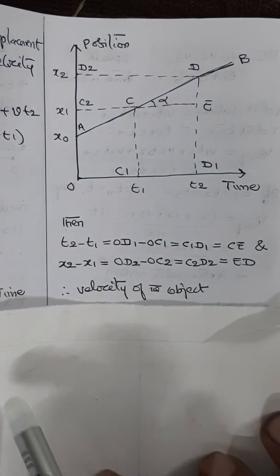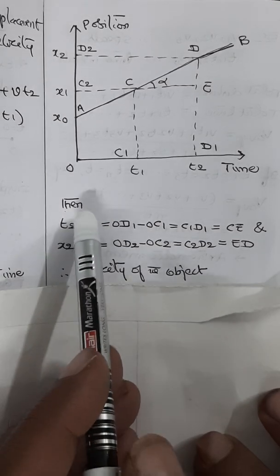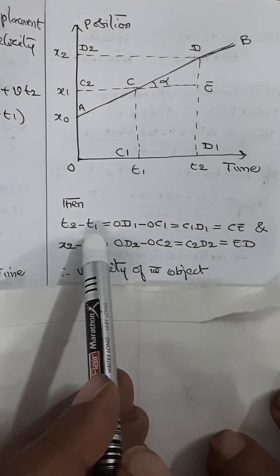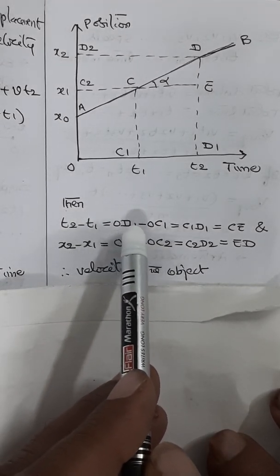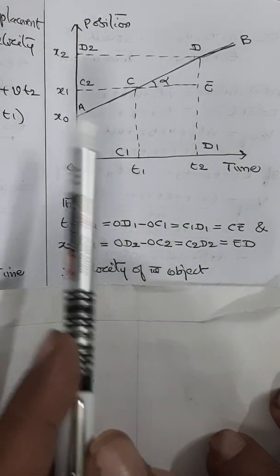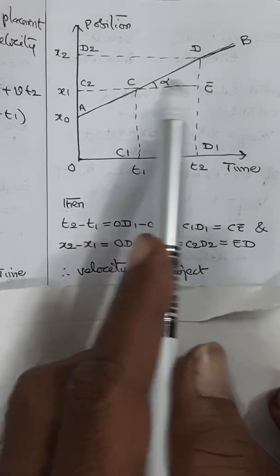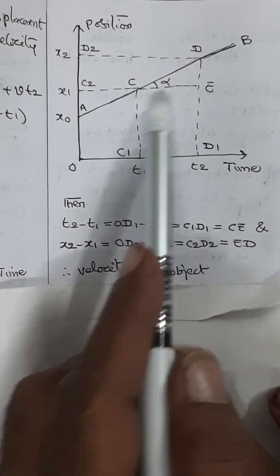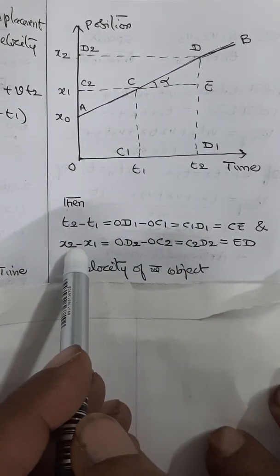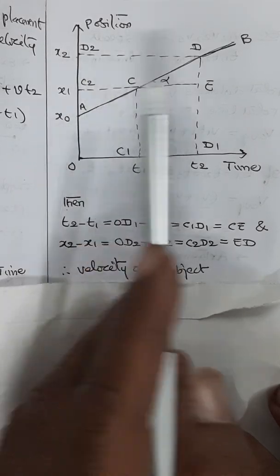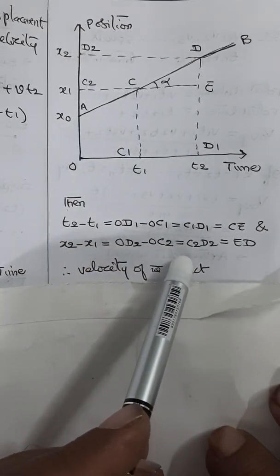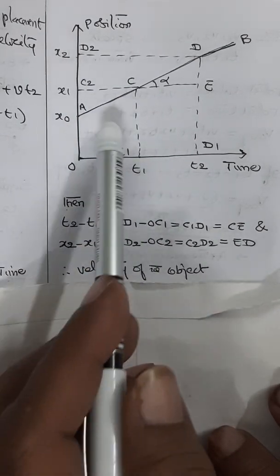So from the figure we can say that T2 minus T1 is nothing but OD1 minus OC1. That is nothing but C1D1, which is nothing but CE. Similarly, x2 minus x1 is OD2 minus OC2. That is C2D2. That is ED. That you can observe from the graph.